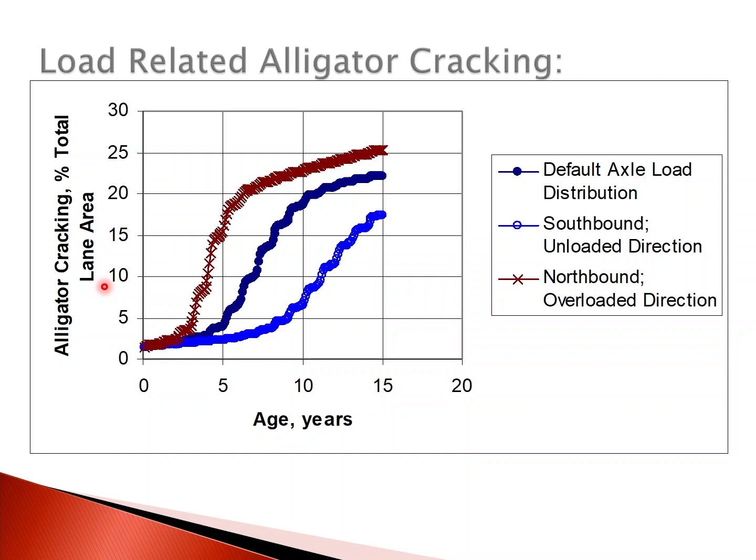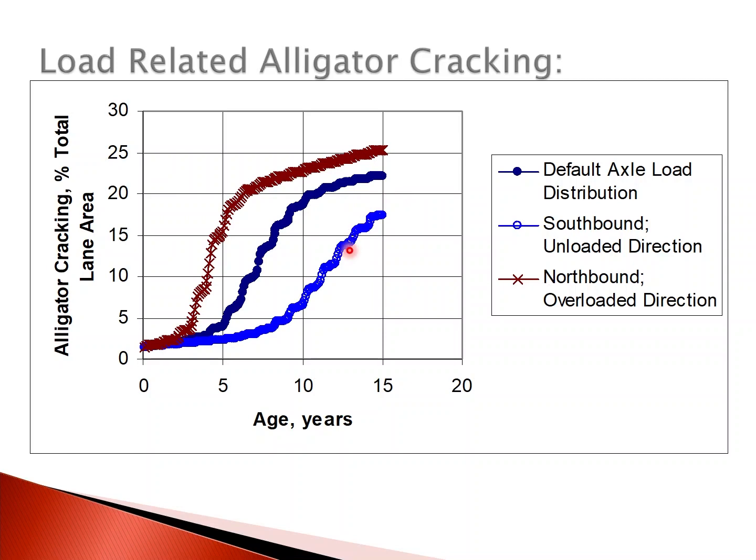This also shows that if we have, say, a 20% criteria for bottom-up fatigue cracking, the overloaded direction would have a little over maybe 6 years of design life. The average, if we combined everything, or if looking at the typical average, we would have slightly over a 20-year design.